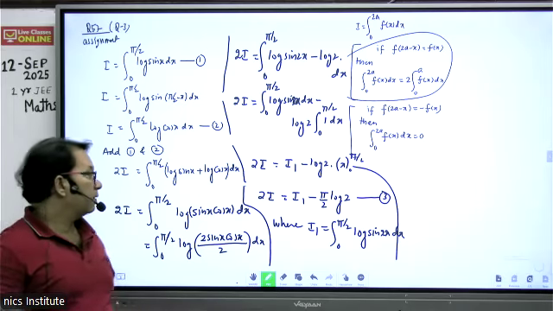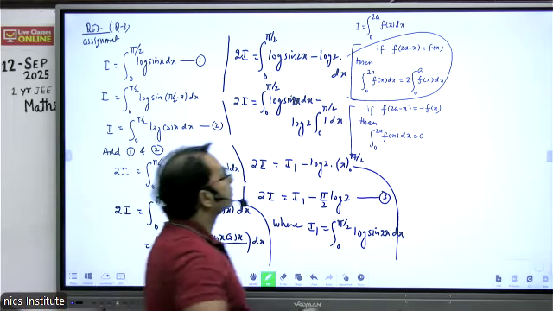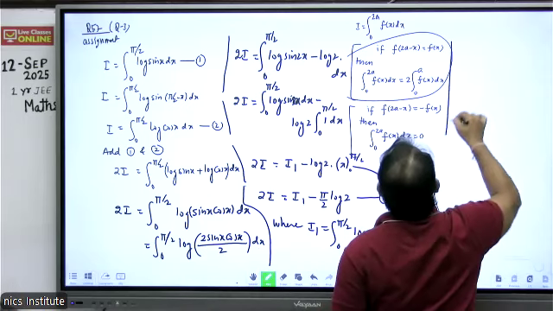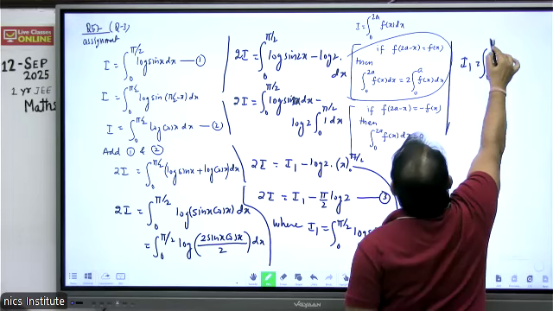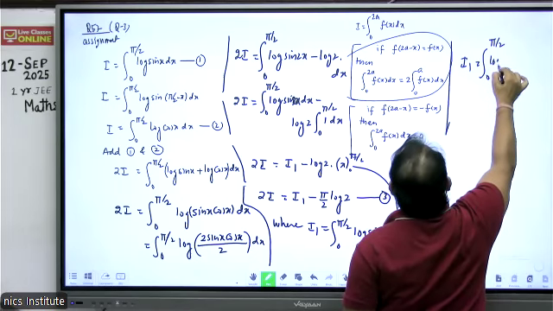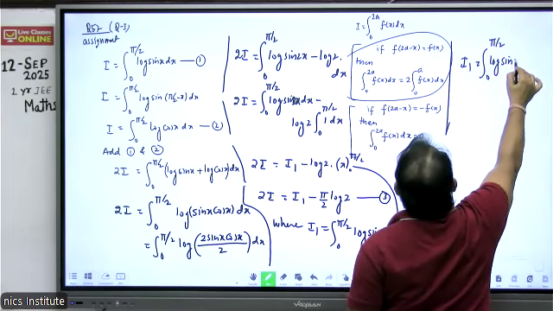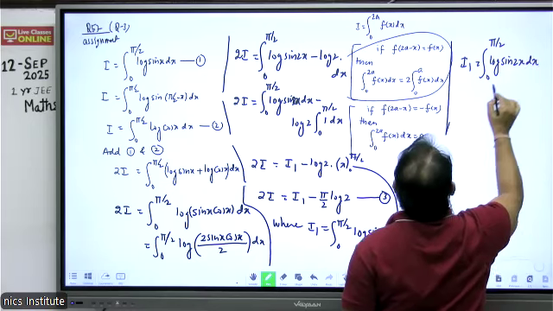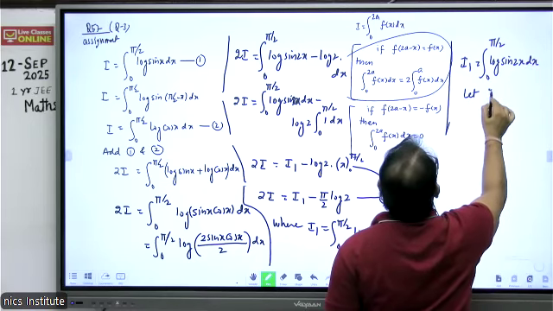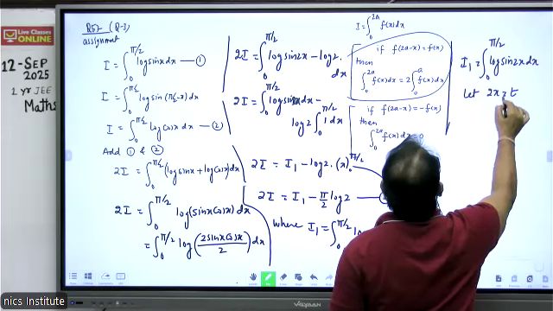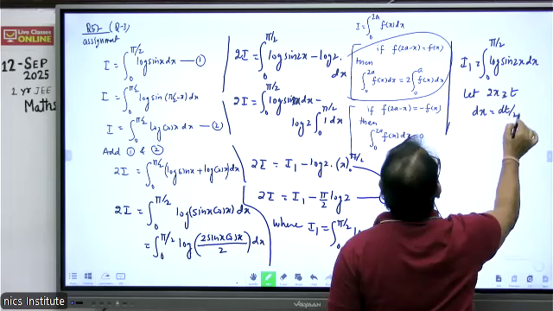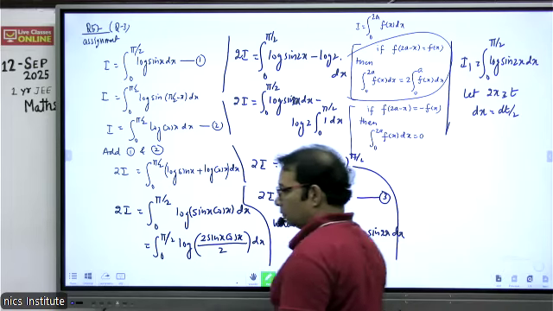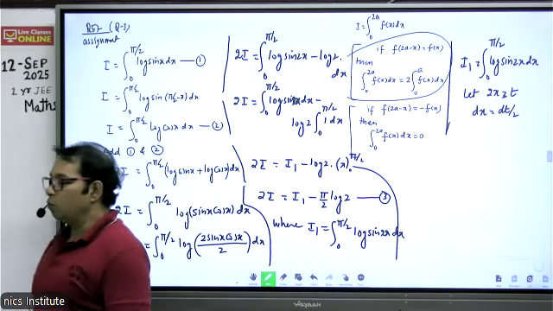Now we'll simplify I1. We'll solve I1. I1 is the integral from 0 to pi by 2 of log sin 2x dx. Here we make a substitution. 2x is equal to t, that is dx is equal to dt by 2.